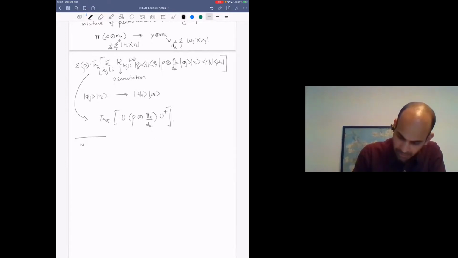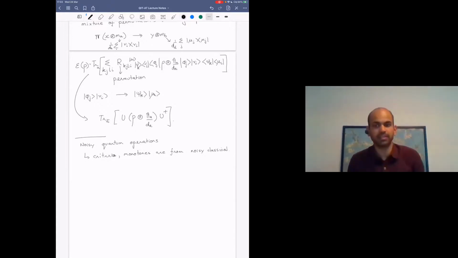That's the end of noisy quantum operations, which, remember, have all of the criteria and the monotones the same as those of noisy classical operations, which is why we spent a good deal of time discussing the case of noisy classical operations.